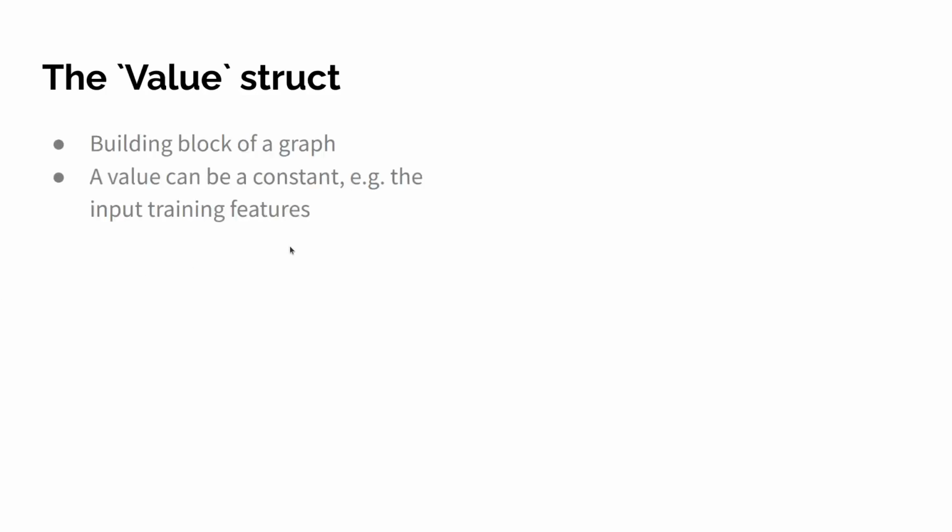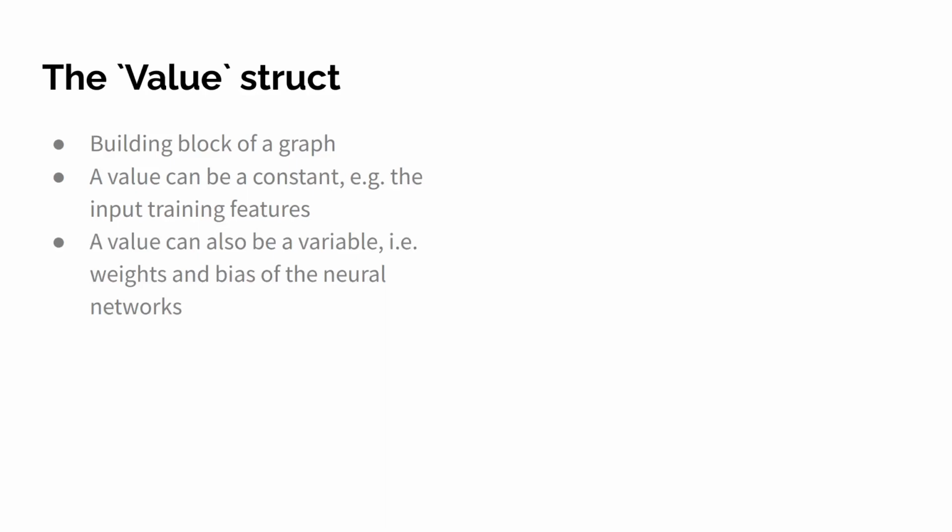At the core of our graph lies the fundamental value struct. This structure serves as the building blocks of our computation graph. It has primarily two roles. First, a value can represent a constant. This is typically utilized when dealing with training data and features which do not change during the learning process.